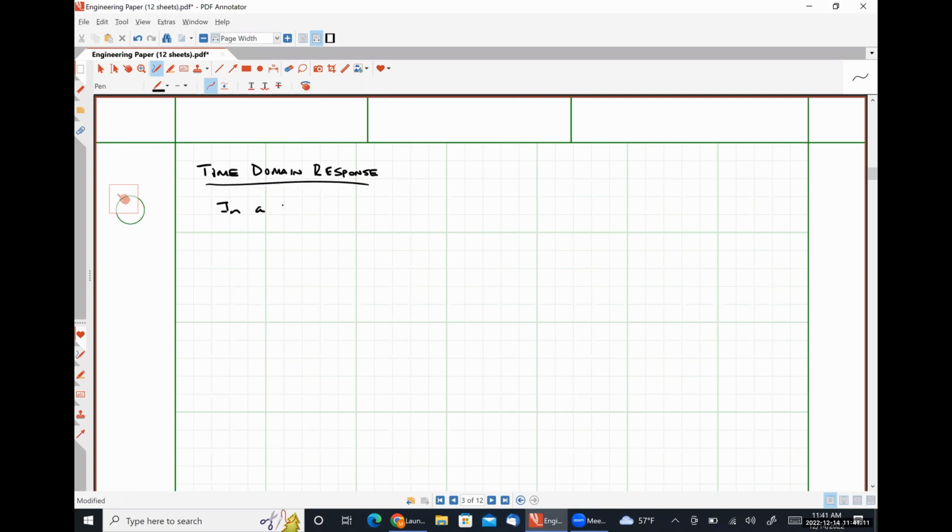So in a MEMS device, damping is controlled, and what I mean by this is really caused by gas pressure inside the device.